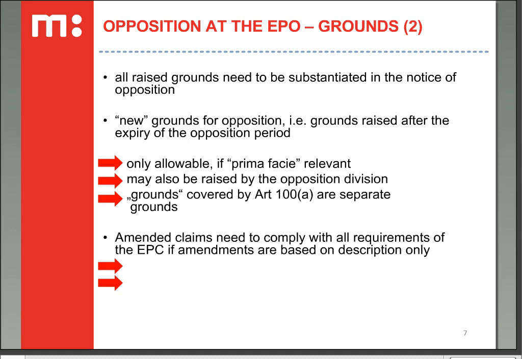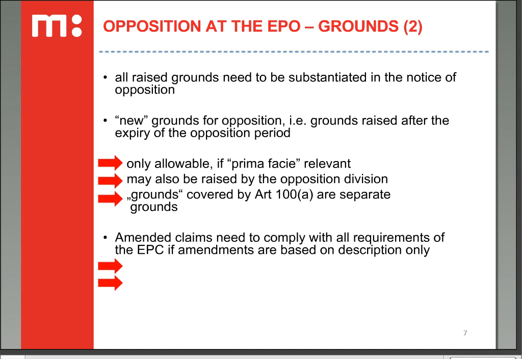There is one exception. If the claims during the opposition are amended, and if the amendments are based on the description and not only on dependent claims, then the whole new claim set needs to comply with all requirements of the European Patent Convention.